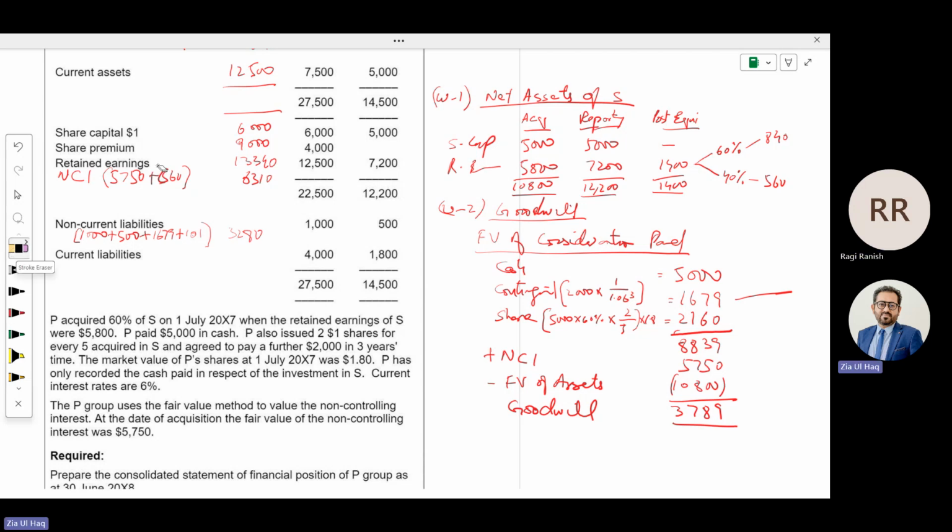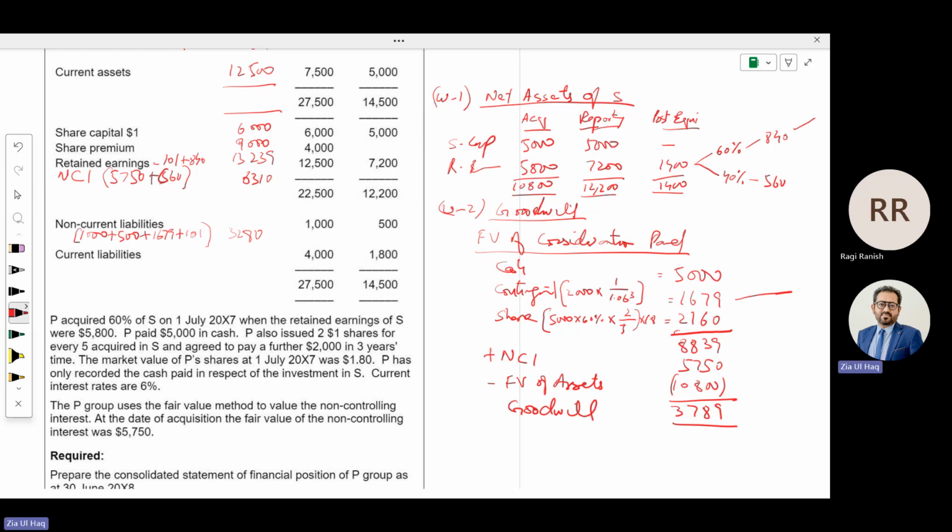So we need to deduct 101 from these figures. Now see what is that. 12,500 plus 840 minus 101. What is that? 13,239.